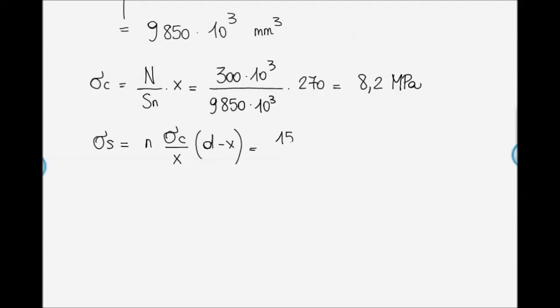So we have 15 by 8.2, which is the stress in concrete already calculated, over 270, the position of the neutral axis, that multiplies 570 minus 270. That gives sigma S equal to 137.1 megapascal.